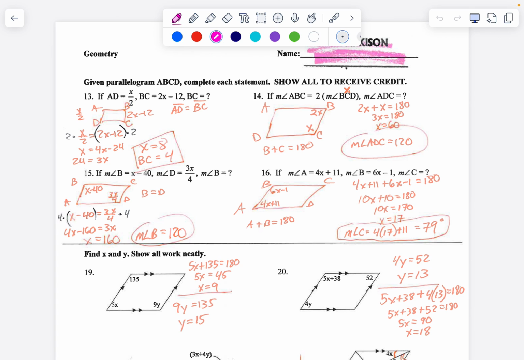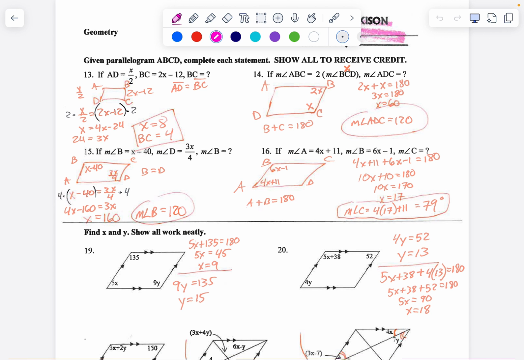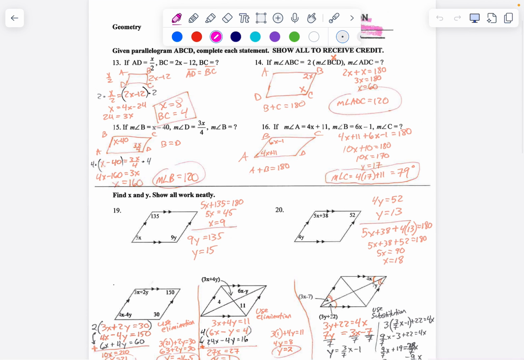Well, it actually asked for BC, but you had to get x first. So x was 8, BC was 4 on 13. And then number 15, angle B is 120. X in that case was 160. Any questions on those? How many of you got both of those correct?